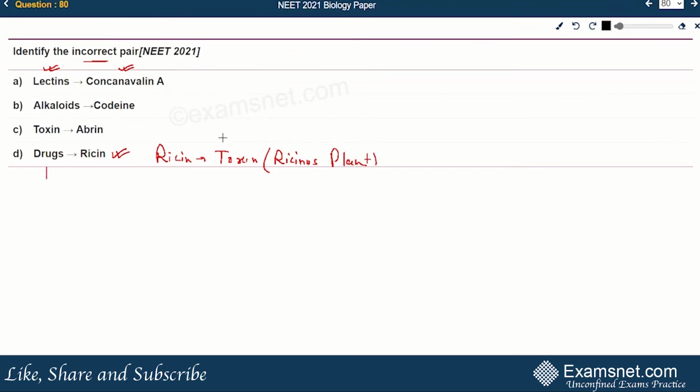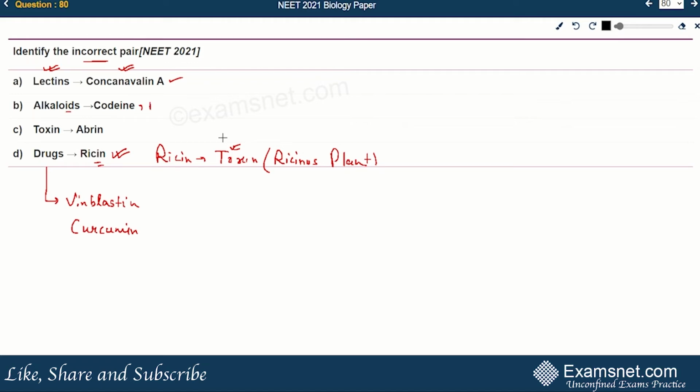What will be the examples of drugs? Some of the examples of drugs can be vinblastine or curcumin. So these two are the examples of drugs, whereas ricin is the example of toxin. And all the others are correct matches. For example, concanavalin A is a type of lectin, so this is correct. Then codeine is also a correct example of alkaloid.